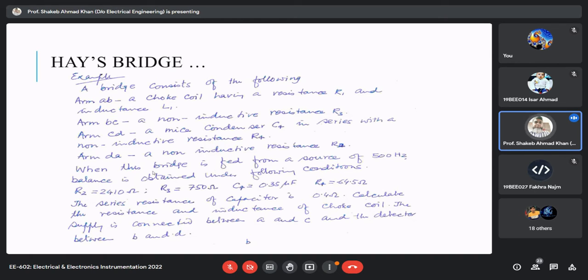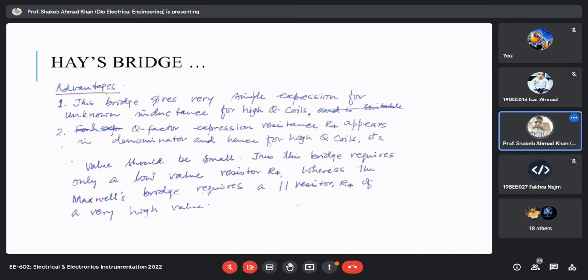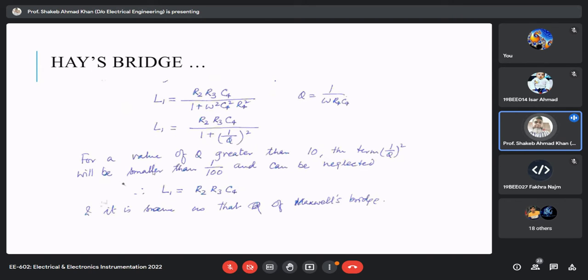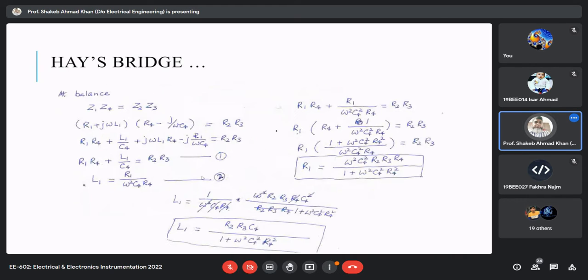One more thing I want to say, because you see in Hay's bridge, if the quality factor of the coil is high, more than 10, then you can use this simplified expression. And for R1 also, your expression will get simplified.